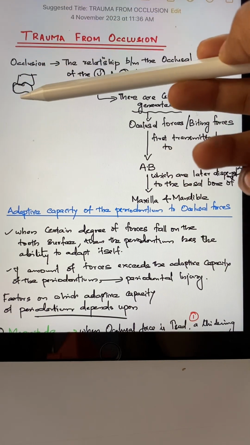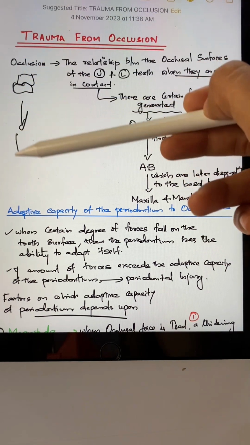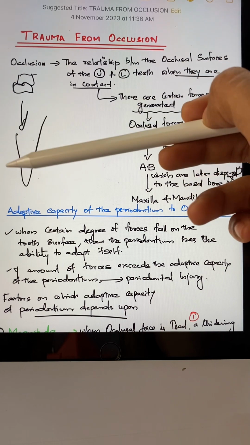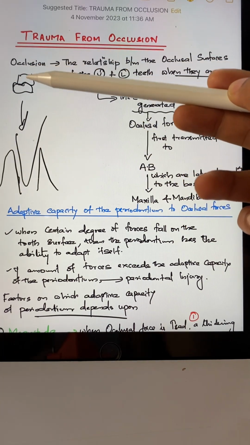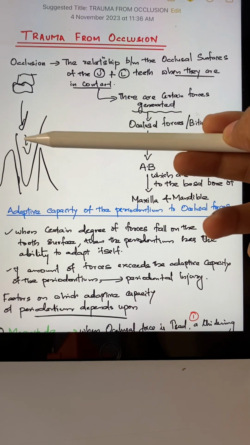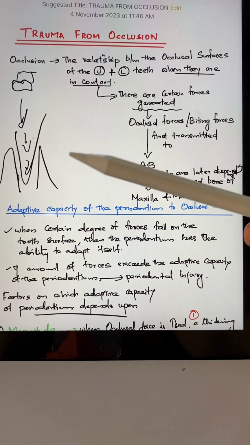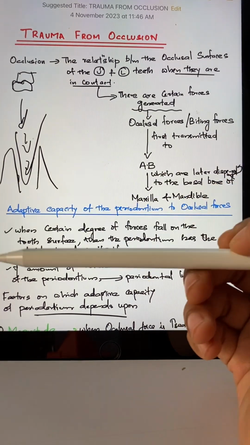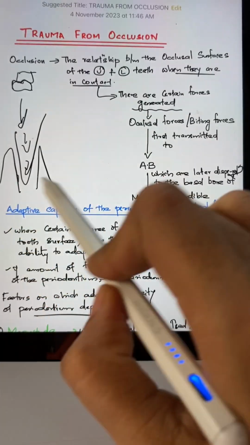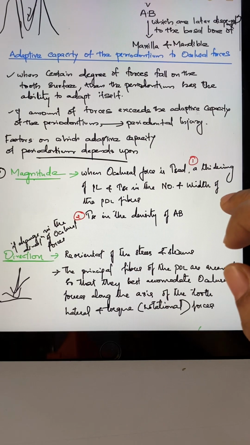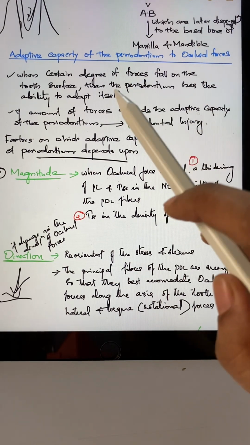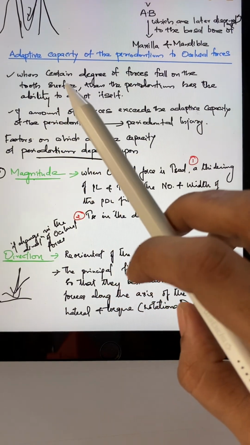These forces are first transmitted to the alveolar bone, which are later dispersed to the basal bone of the maxilla and the mandible. And we will see the adaptive capacity of the periodontium to the occlusal forces.